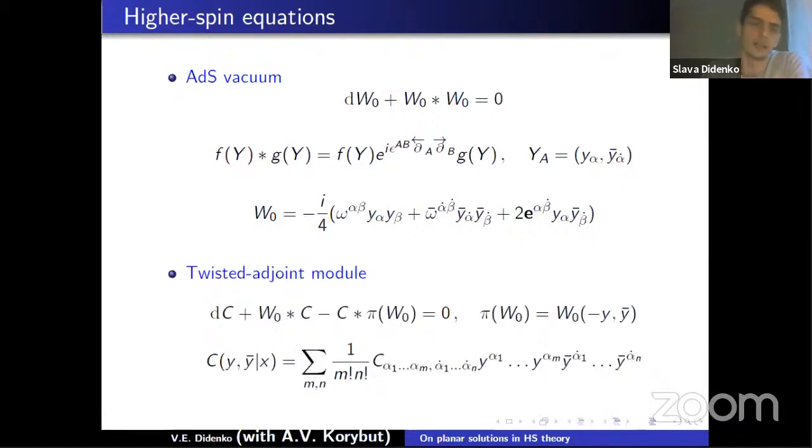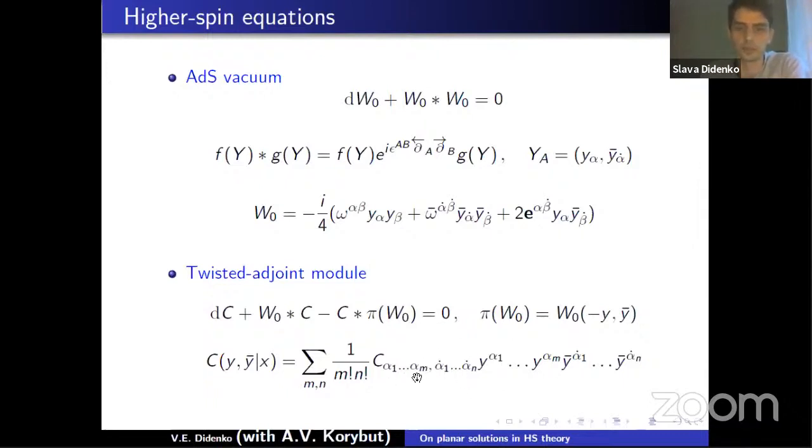And for the linear equations, they sit in two different sectors. The one is the twisted adjoint sector that contains field strength equation and the matter fields. The equation for it looks as follows. It contains this vacuum connection, contains the zero form C, that is some master function in Y space. There's some sign flip pi here, which is the reason that the module is twisted adjoint rather than adjoint.